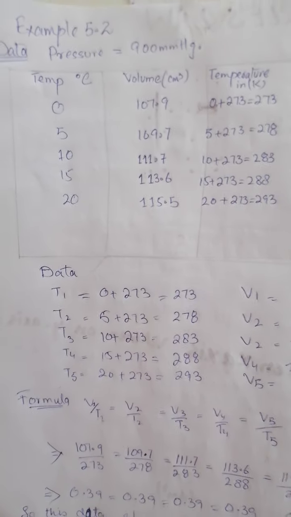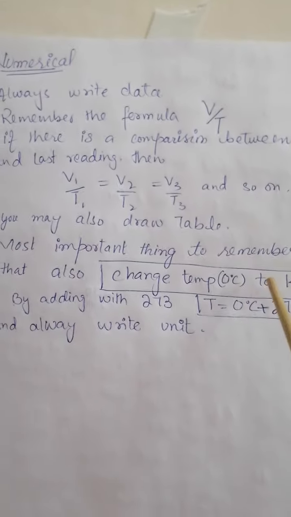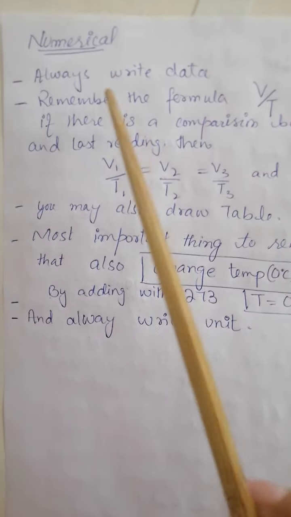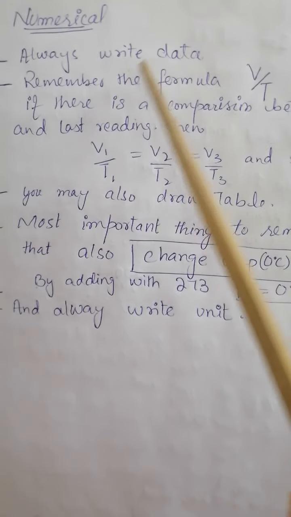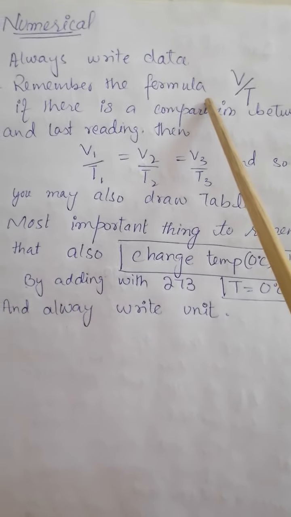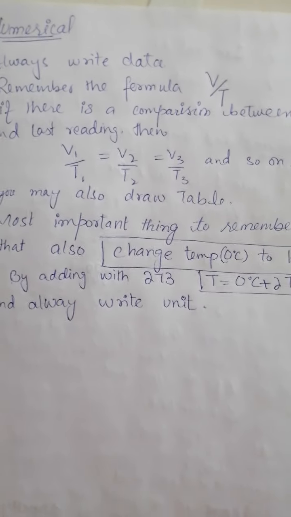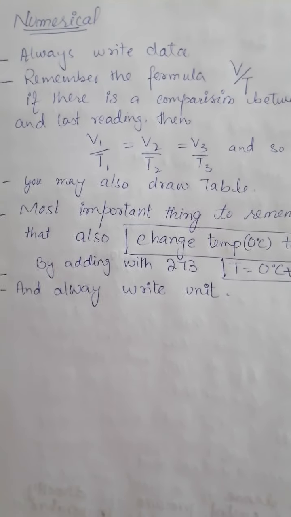Before solving the numericals of Charles' law, you must remember some things. It will be helpful for you. When doing the numerical, always write the data. Remember the formula of Charles' law, because most of the students confuse Charles' law with Boyle's law. They know the concept but they confuse the formula.